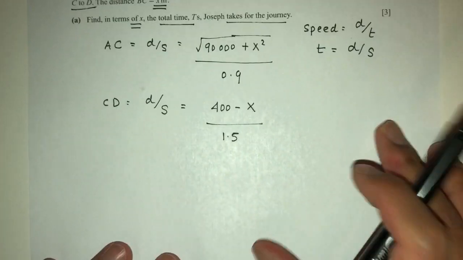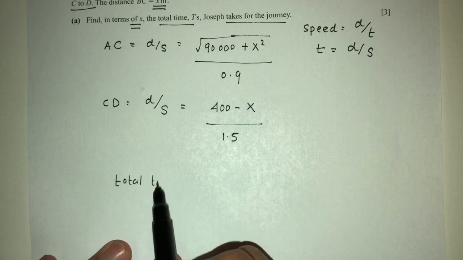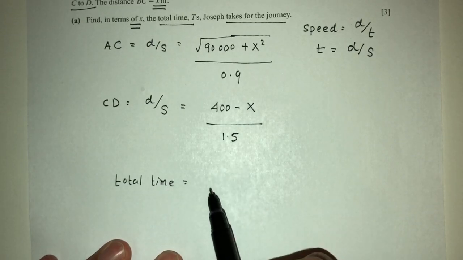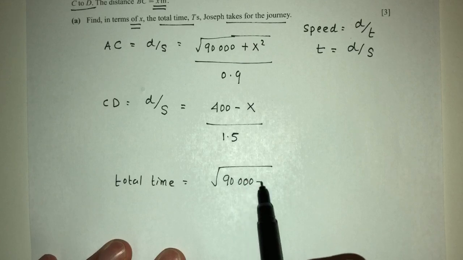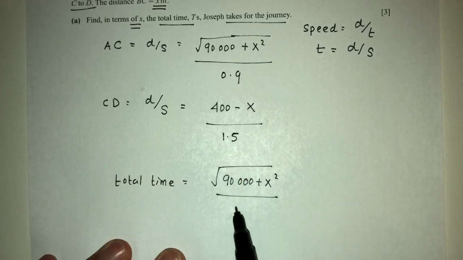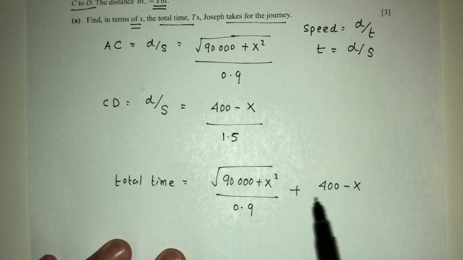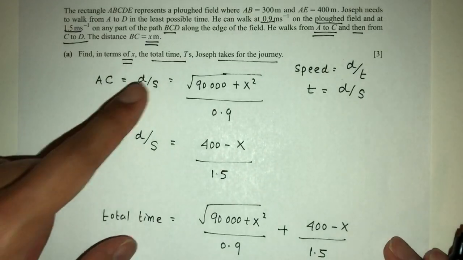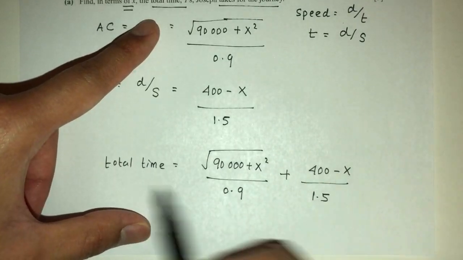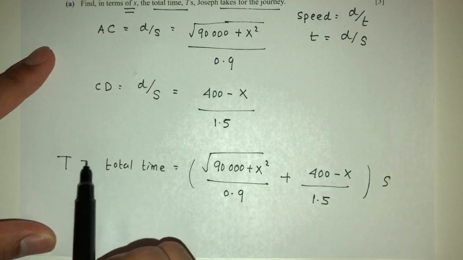Now the total time is adding those two: root of 90,000 plus x square over 0.9 plus 400 minus x over 1.5. You can always simplify, but you don't need to here. This is your value of t.